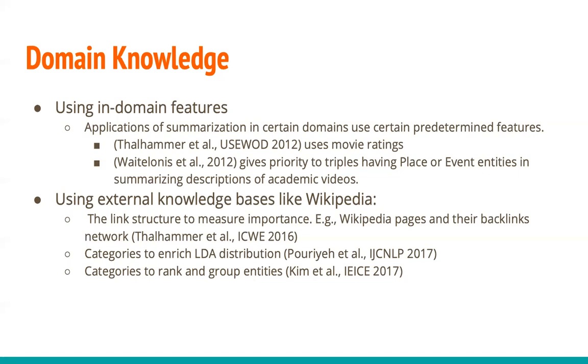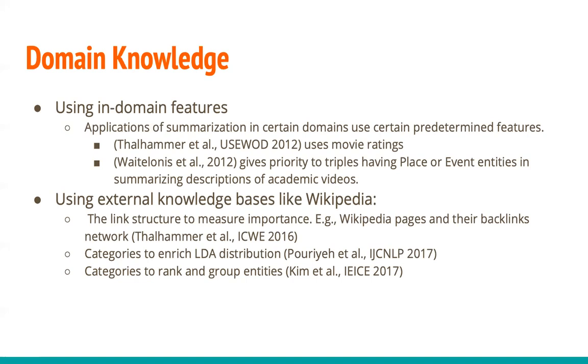And then in LDA, people have used entity categories to enrich the LDA distribution and then compute better entity summaries. People also have used Wikipedia page categories to rank entities better, and then make better entity summaries.